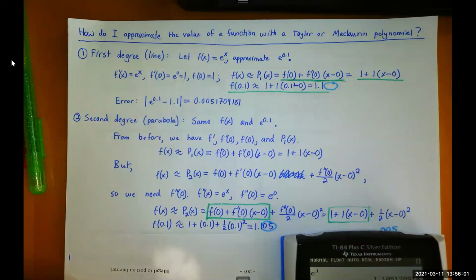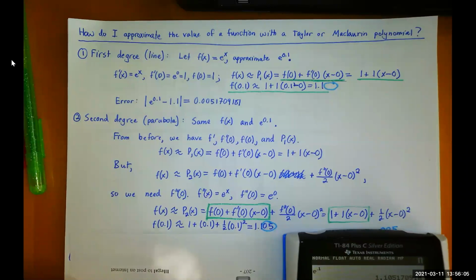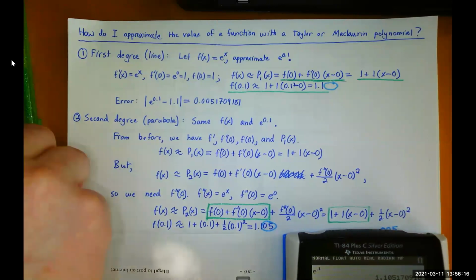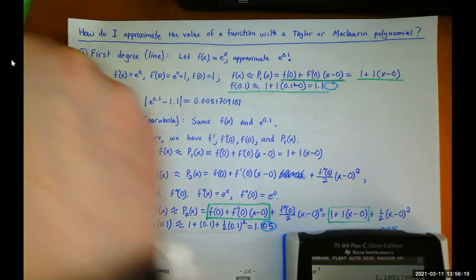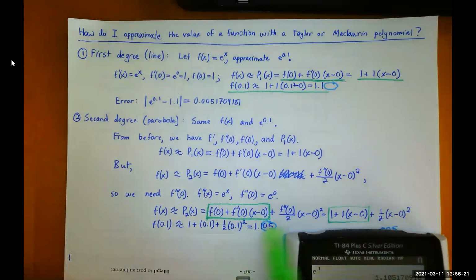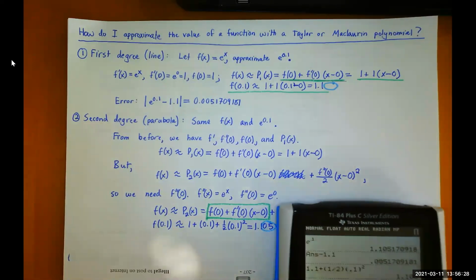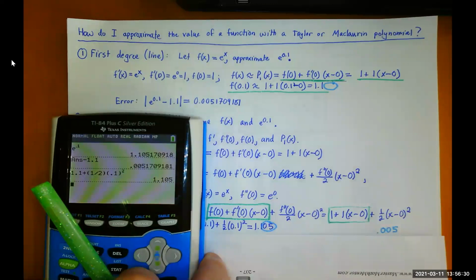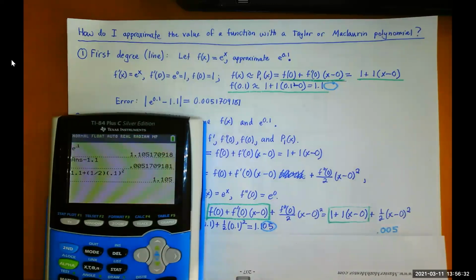And we're adding on one half times 0.1 squared, which is where we get the 1.105 from. So we take the tangent line value of 1.1, we add on that value right there. Now you can see what I mean.